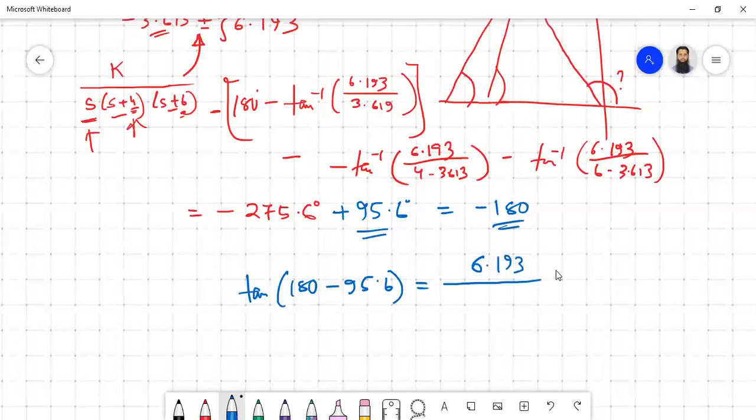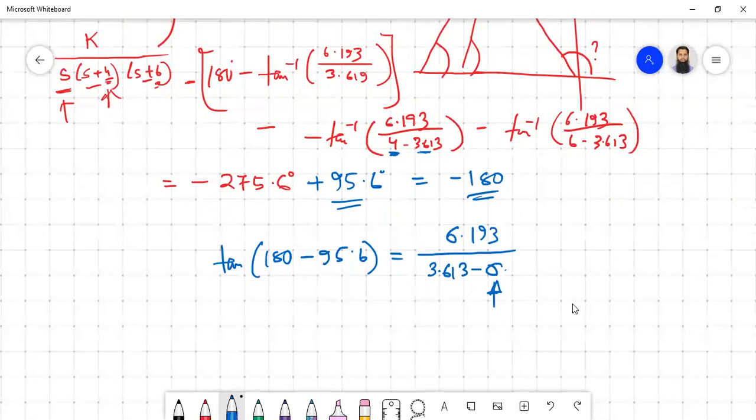And what is the base? Base is the difference between the location of the pole or the zero and the point in consideration. So basically it can be something like this, 3.613 minus sigma.